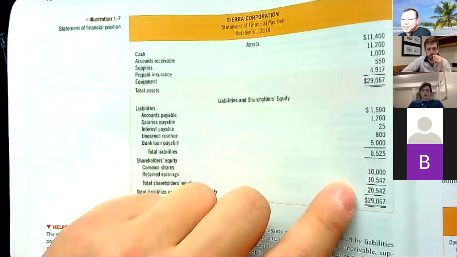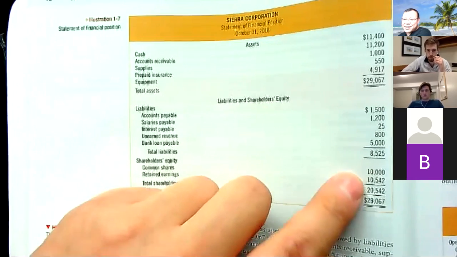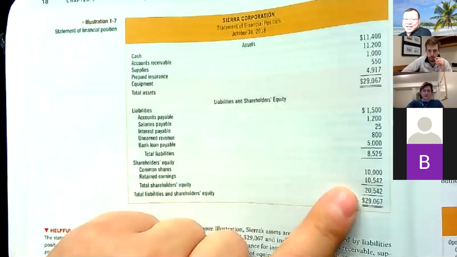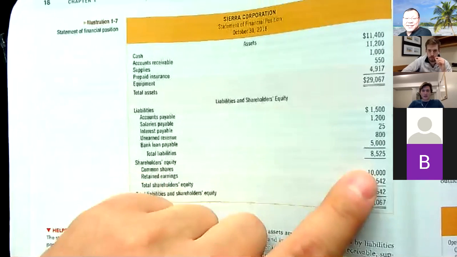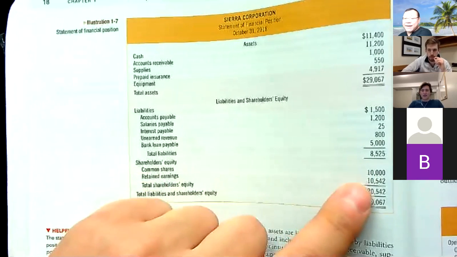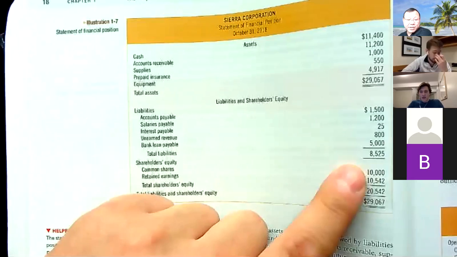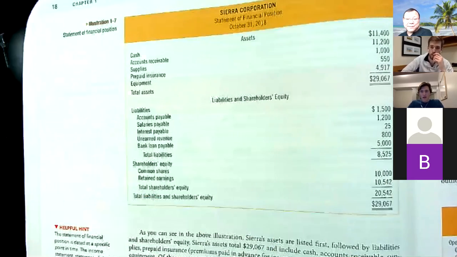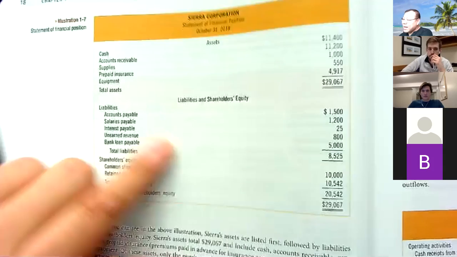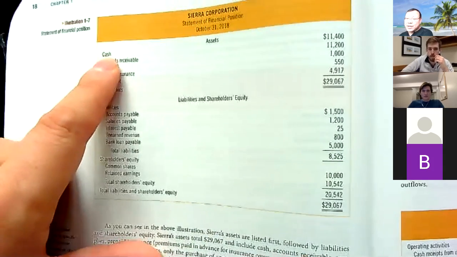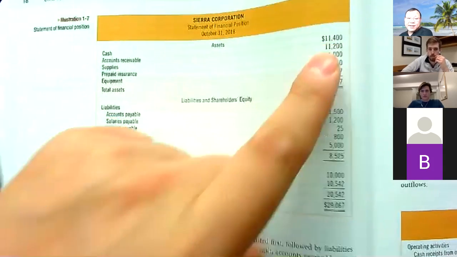You see the three numbers here? From the second statement, the 10,000 common shares and the 10,542 retained earnings. You also have a cash balance here. You know the cash balance is this.